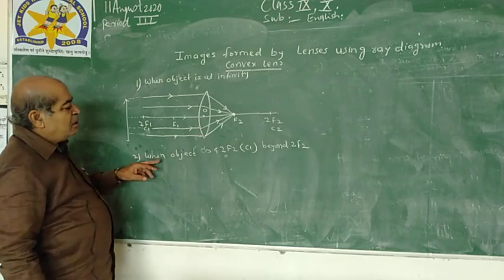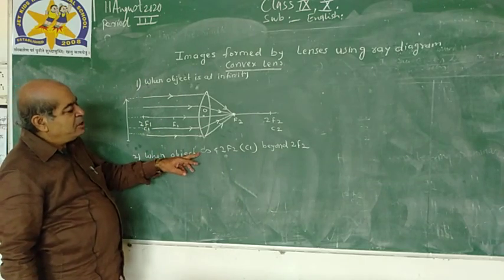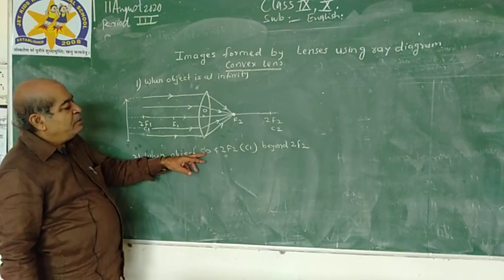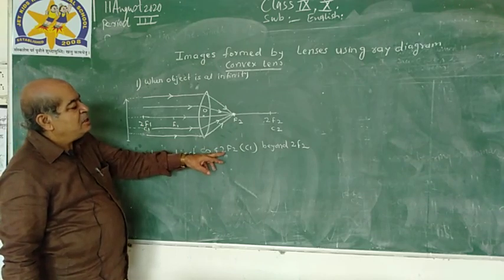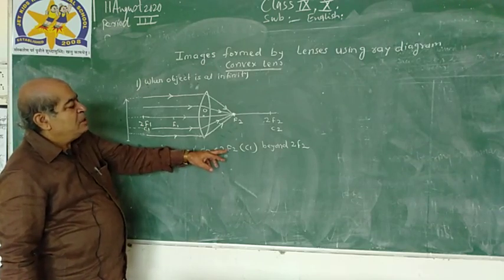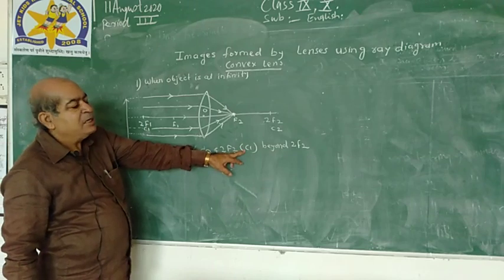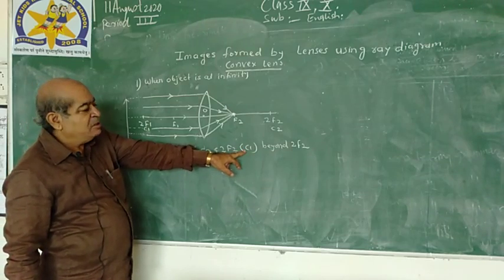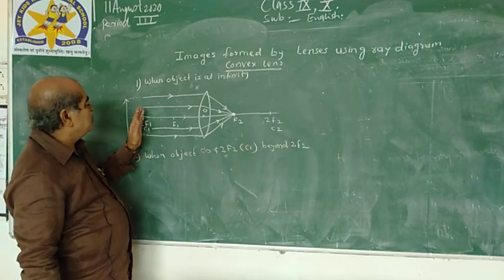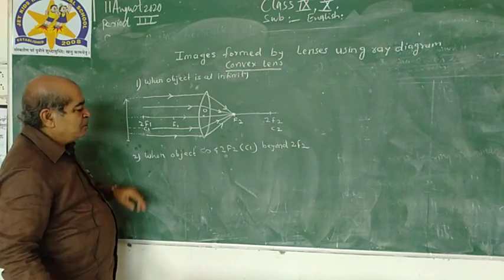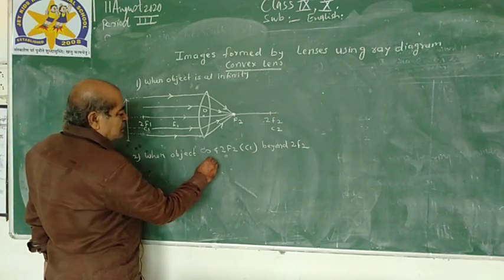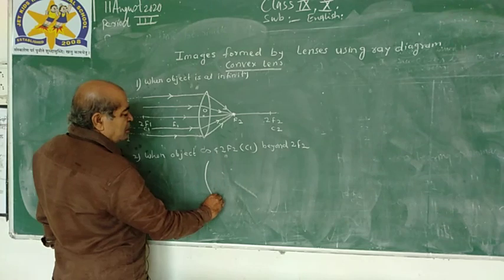So when the object is in between infinity and twice F2, means infinity and center of curvature C1, or beyond twice F2, then what is the position of the image?